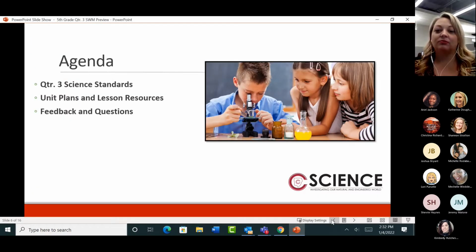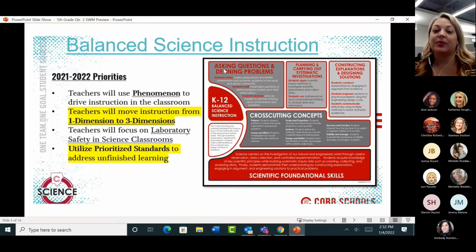So what are those? The first dimension, up here, is science and engineering practices, which are embedded, thank goodness, within our science standards and elements. The second dimension, how scientists and engineers connect things, is the cross-cutting concepts.